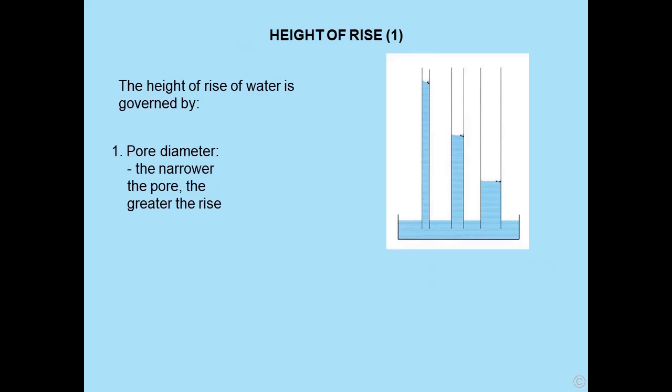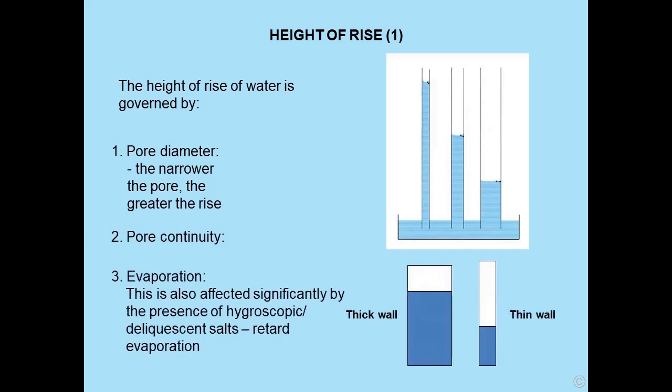How high can water rise? Well, the height is governed by several factors. 1, the pore diameter. The narrower the pore, the greater the height of rise. 2, obviously, pore continuity. The pores must be continuous up the wall. And 3, evaporation, and that is affected significantly by the presence of hygroscopic or deliquescent salts.